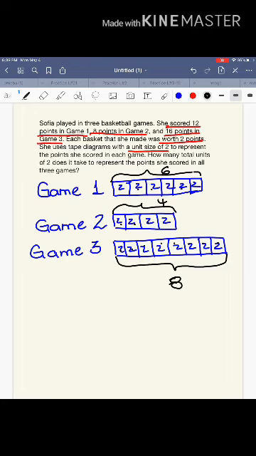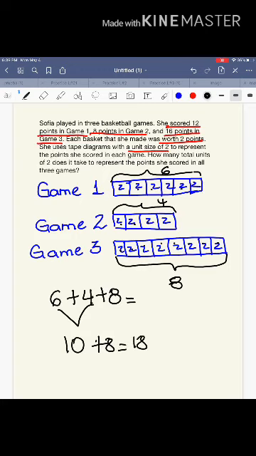How many total units? Okay, if here in the first one, I needed 6, and I'm going to write it down. In the second one, I needed 4. And the third one, I needed 8. All I have to do is add it all up to know the total of units that I needed. So this just makes it easier for me to figure it out. 6 plus 4, 10, plus 8 equals 18.